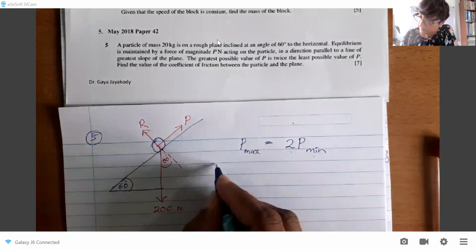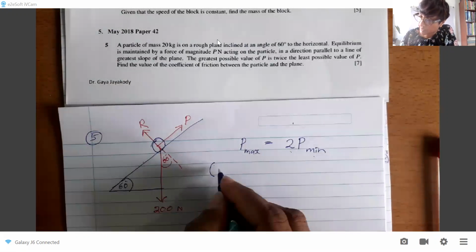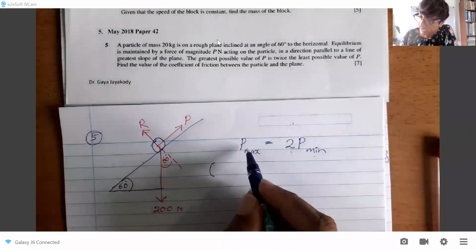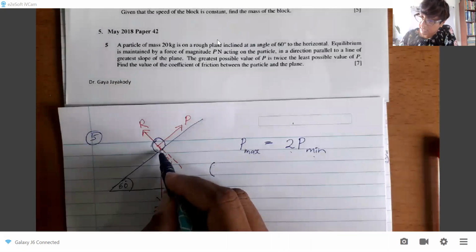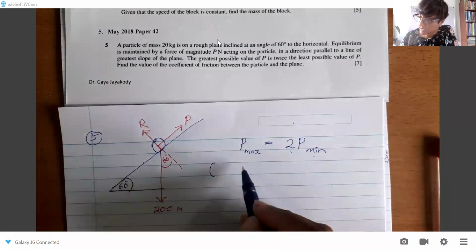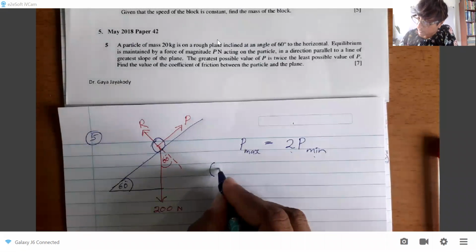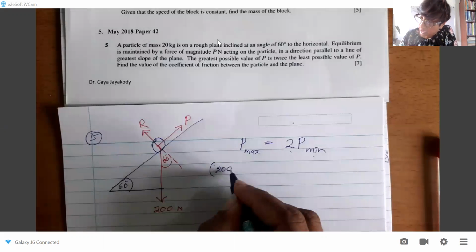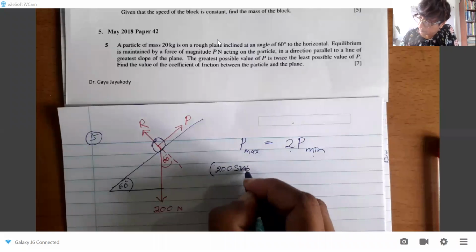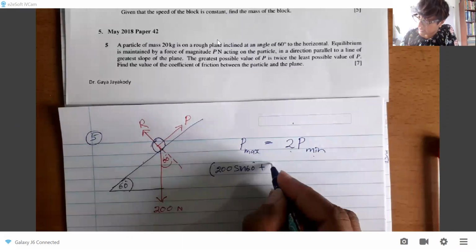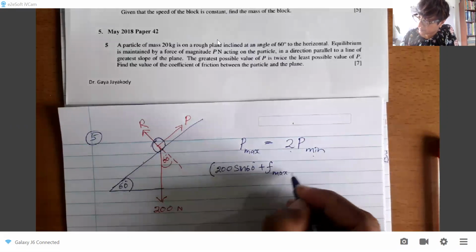What is P max? I get P max when friction is acting downwards. So P max is a component of the weight, 200 sine 60, plus F max, right?